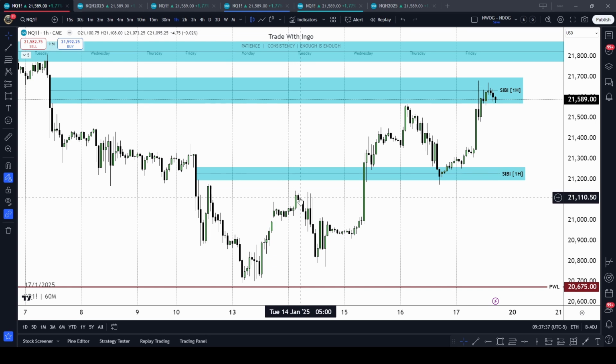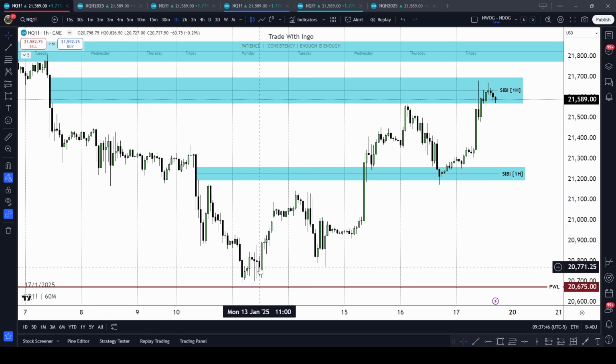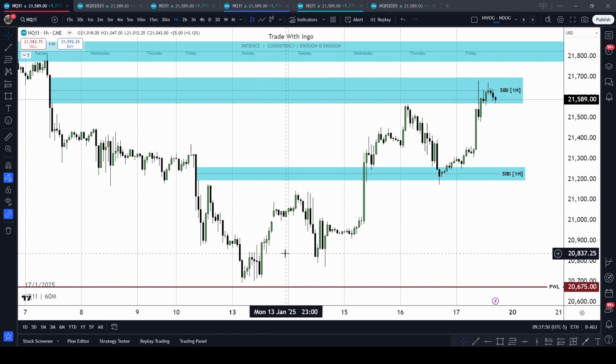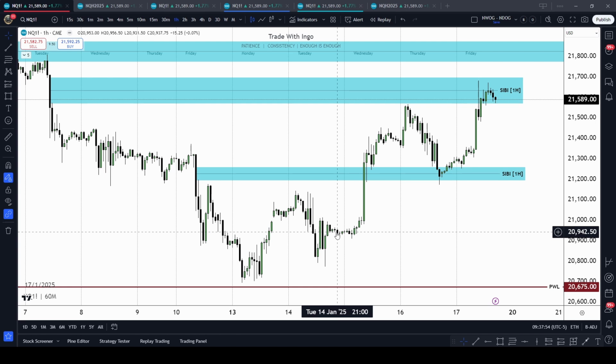On Tuesday we had PPI release over here, traded all the way back down into this bullish order block, mean threshold, and consolidated for the rest of the day.